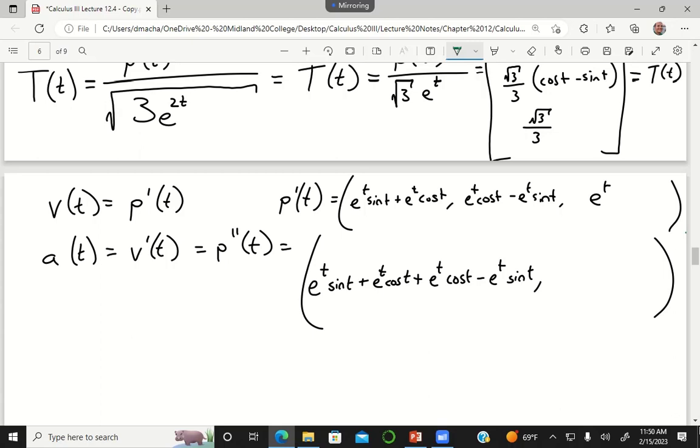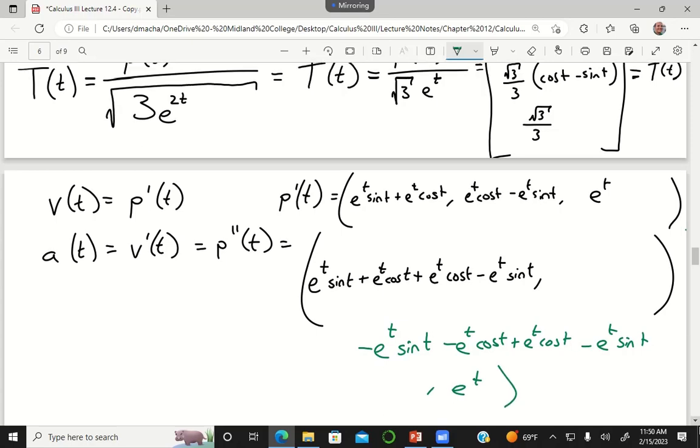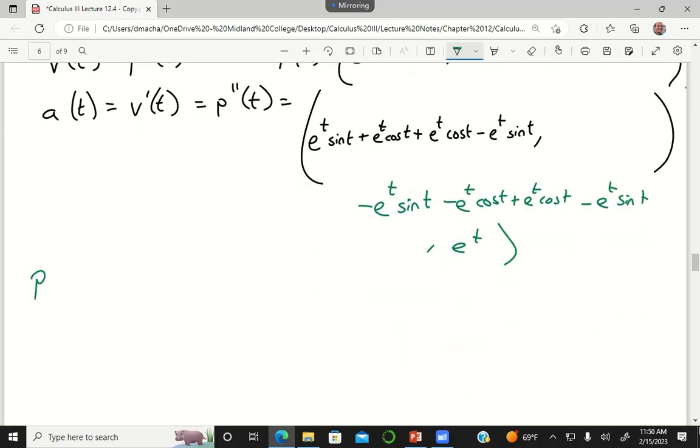The second component is going to be the same thing, except I'm going to switch the signs on the first couple of terms here. So this second component should be negative e to the t sine t minus e to the t cosine t plus e to the t cosine t minus e to the t sine t. And then the third component is still nice little e to the t. So let me try to simplify.